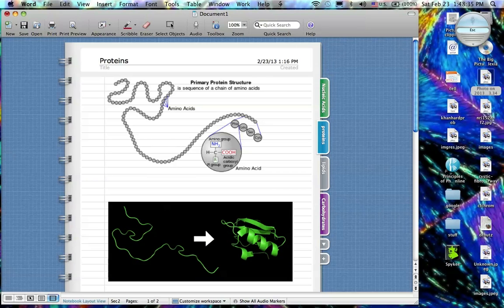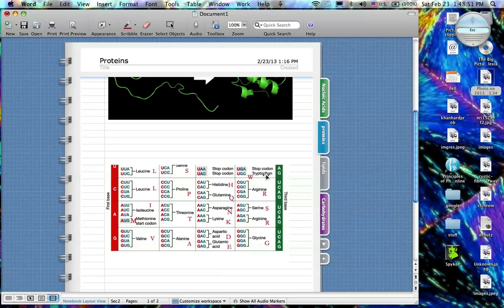Basically, it's a chain of amino acids. And amino acids are this. These are all your amino acids.